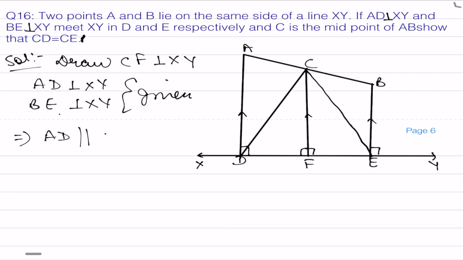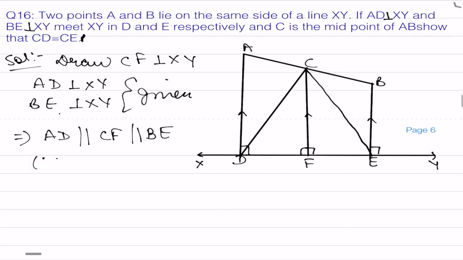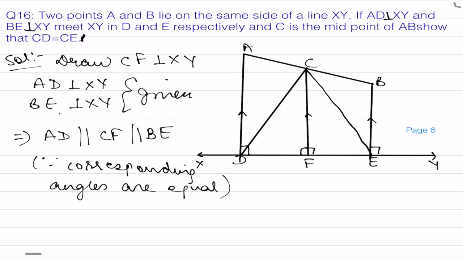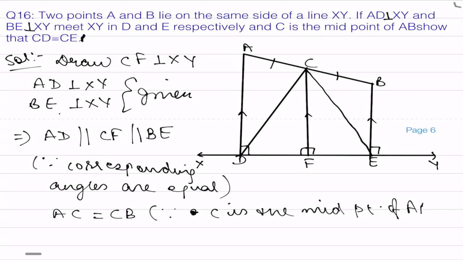So AD is parallel to CF, parallel to BE. Now all the 3 lines are parallel and AC is equal to CB, it's given in the question as C is the midpoint of AB.